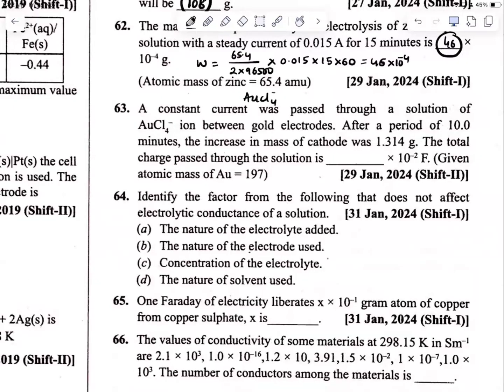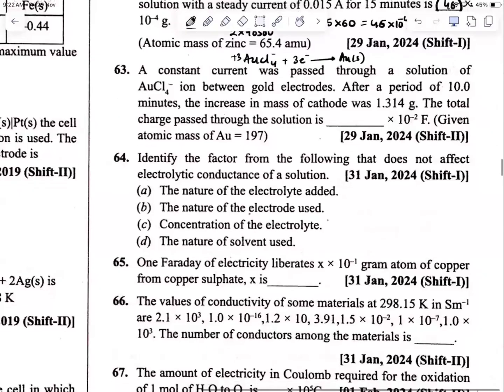AuCl4 minus, which means gold is at plus 3. So plus 3 electrons will help it to deposit as gold. So valency factor is 3 here. So since valency factor is 3, here we need to find out Q. So W is equal to E by F into Q.